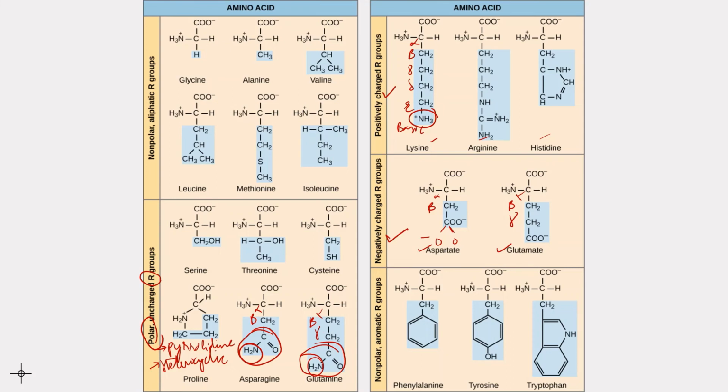And then you have arginine. Arginine is the most basic amino acid, which has a guanidinium group. So this is the guanidinium group: NH, C double bond NH2 plus, and NH2. And then you have histidine. Histidine has an imidazole group.